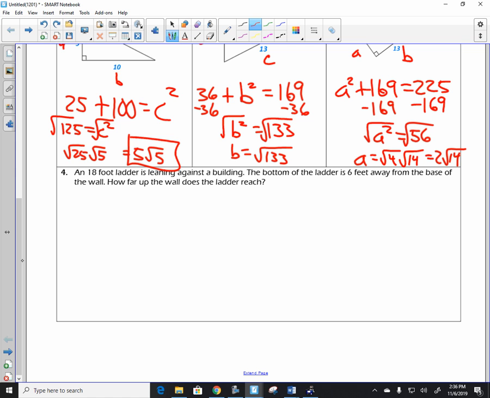But here's another example. Okay, you have an 18-foot ladder against a building. I'm going to draw my building here. Got a window up top here. I should have been an artist. I got shutters on the windows.